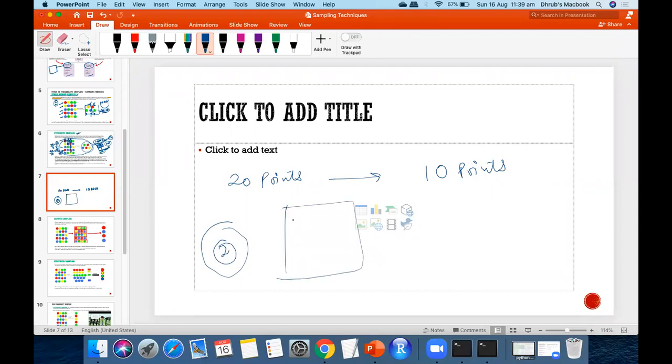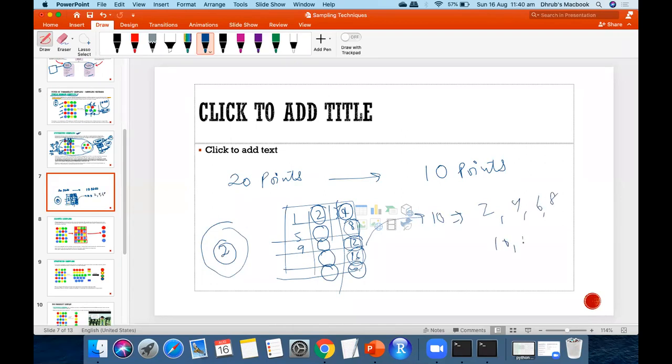Right, so if I have numbered them in such a way that 1, 2, 3, 4 and so on, all the numbers are there, correct? Now if I have to take every second point, then the second would be chosen, fourth would be chosen, 6, 8, 10, 12, 14, 16, 18, 20. So 1, 2, 3, 4, 5, 6, 7, 8, 9, 10. So I got 10 points. What are those points? 2, 4, 6, 8, 10, 12, 14, 16, 18, and 20.